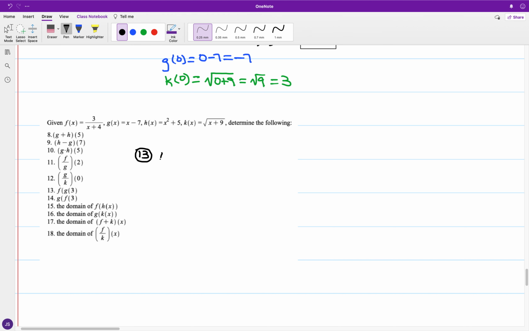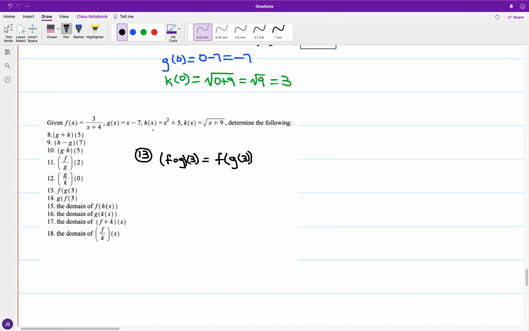So technically you're starting out with f composed with g of 3. And again, in the compact notation, as it's presented, we have f of g of 3.